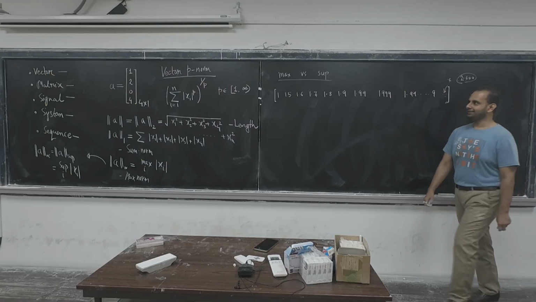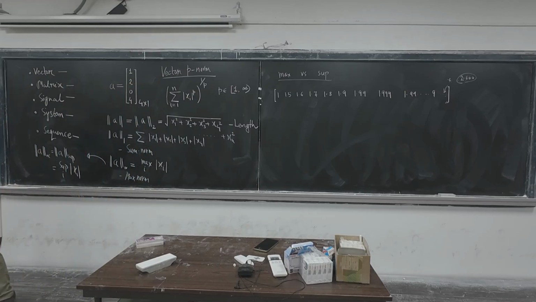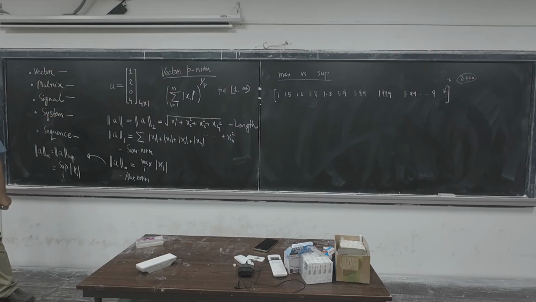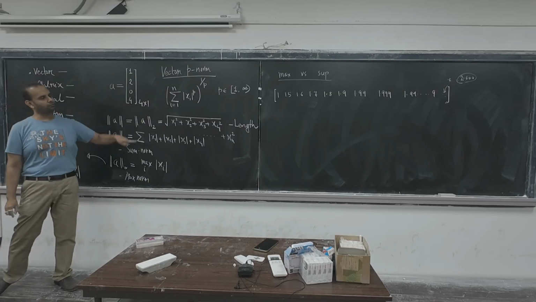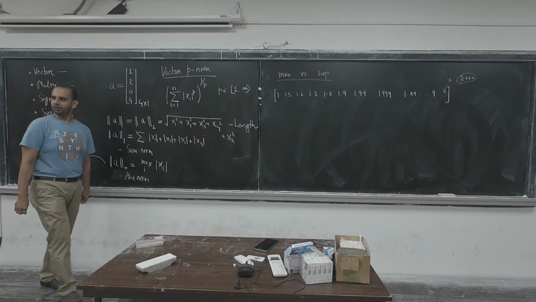So that's why I said, in this case here, we don't have any stochastic thing. First of all it is finite dimensional, that means the number of elements is a finite number and everything is defined. It is not like a series, not like a sequence. So that's why we are not learning this at this moment. Here everything is finite and well defined. For them, maximum and supremum will give you the same.